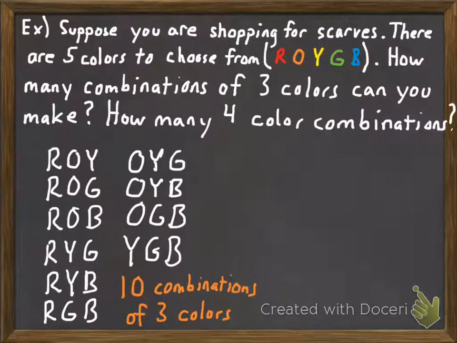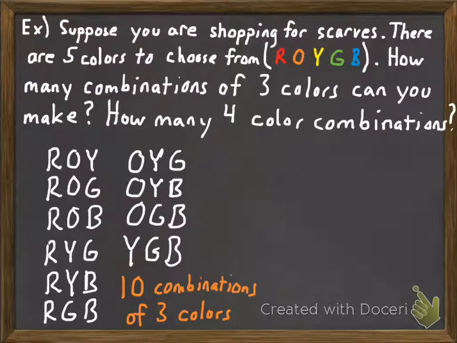Here's what I'm going to do for the 4-color combinations. I think this will be a little bit easier. Instead of listing out all the 4-color combinations, if we're choosing 4 colors, that means we're leaving out 1 color, doesn't it? Say I make a group that includes red, orange, yellow, and green, that means I left out blue. If I made a group that includes orange, yellow, green, and blue, that means I left out red.